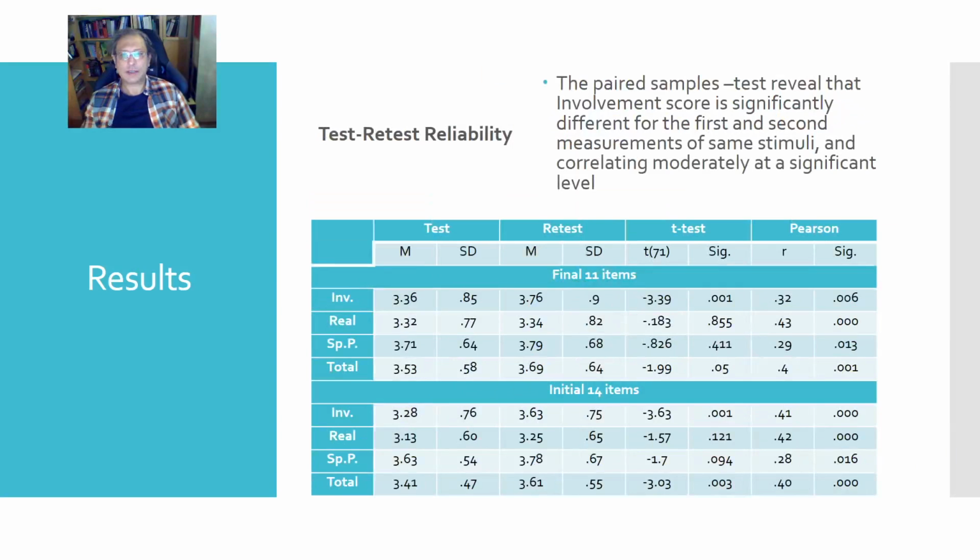When we check the test-retest reliability, there is a significant correlation between the measurements, in both the 11-item and 14-item versions, when we compare the first and second sessions and the 11th and 12th sessions. The correlation was a little bit higher with the 14 items.